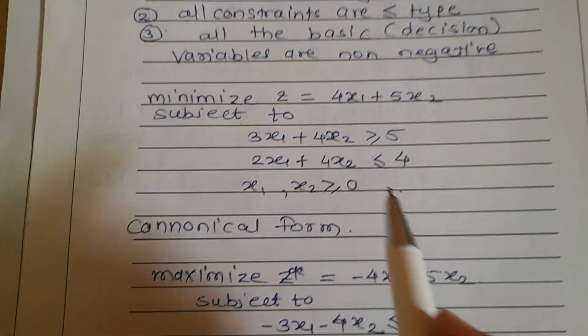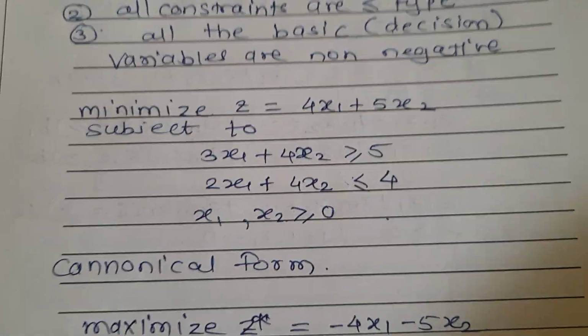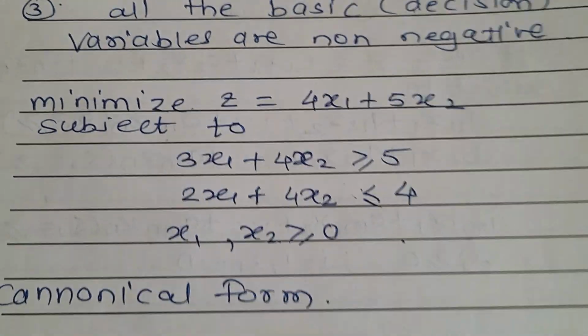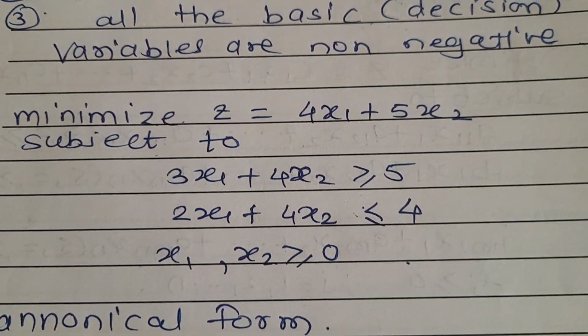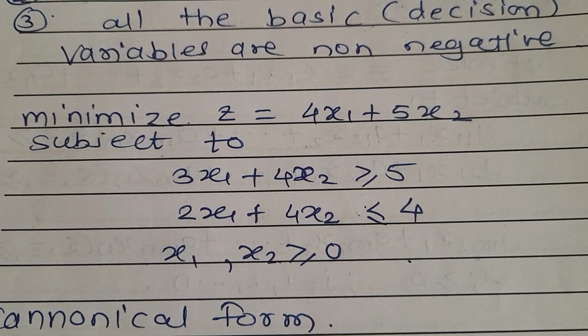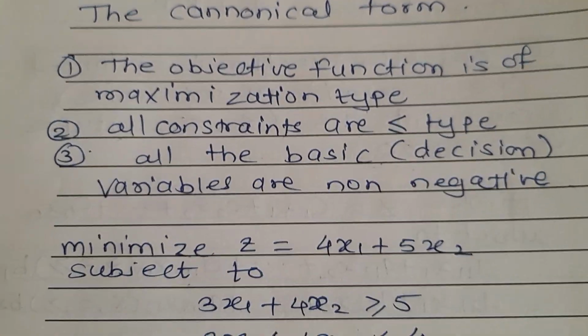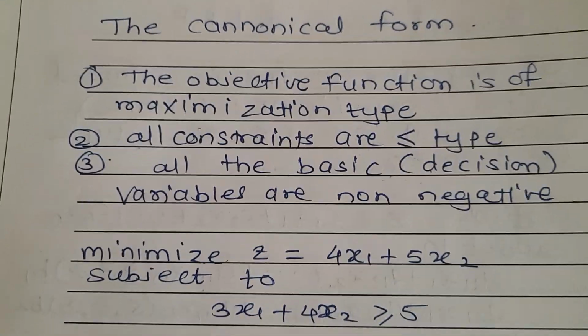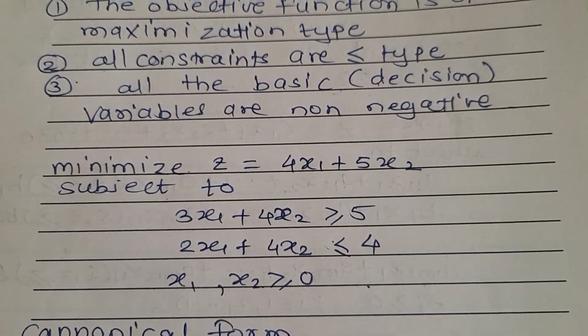Okay, see one example on it. First example: minimize z equals 4x1 plus 5x2 subject to the conditions 3x1 plus 4x2 greater than or equal to 5, 2x1 plus 4x2 less than or equal to 4, and x1, x2 greater than or equal to 0. Here the first condition is that the objective function is maximization type, but in our example the objective function is minimization type.